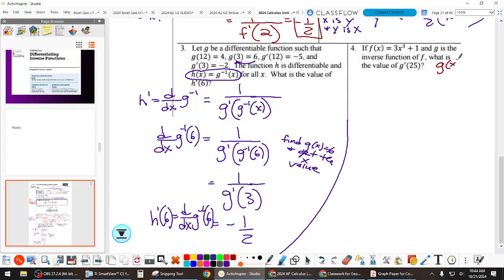So g of x equals f inverse of x. What is f inverse of x? You guys remember how to do that? Yeah, you just swap x and f of x. Okay, yeah. So I'm going to write it as y for now.